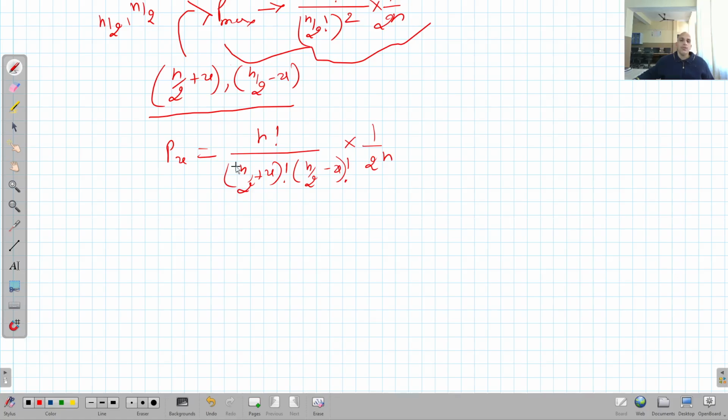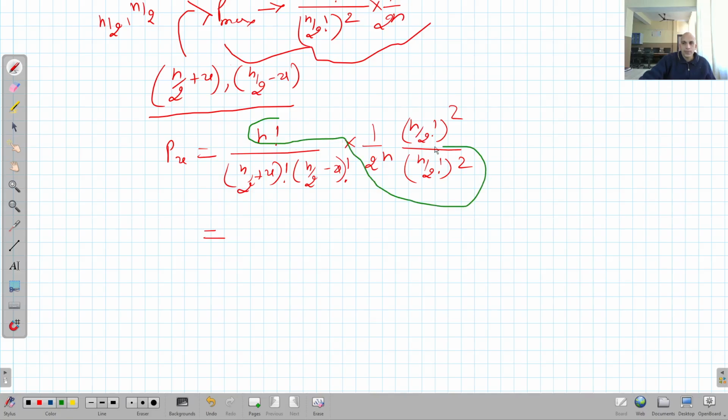So what I am going to do is multiply by (n/2 factorial) square and divide by the same factorial square. So I can write it as n factorial, this whole term.